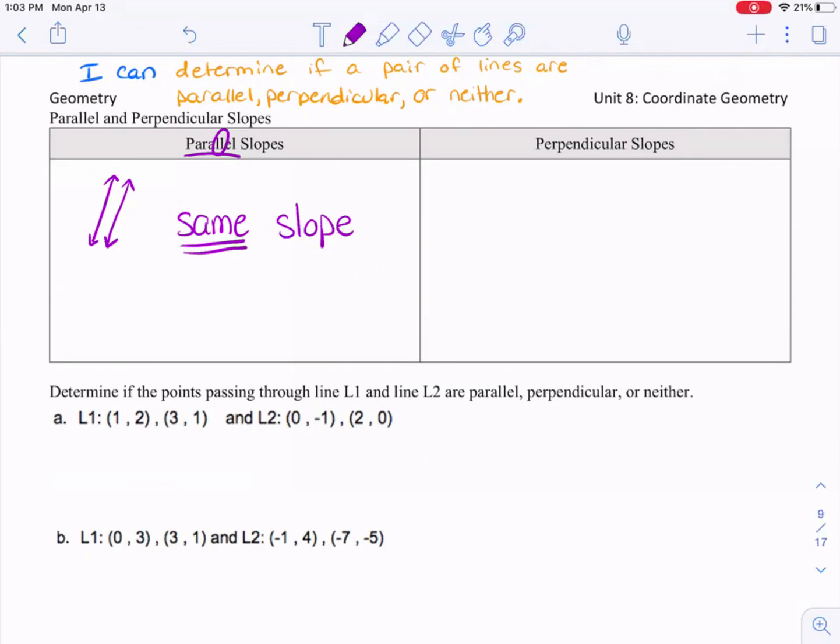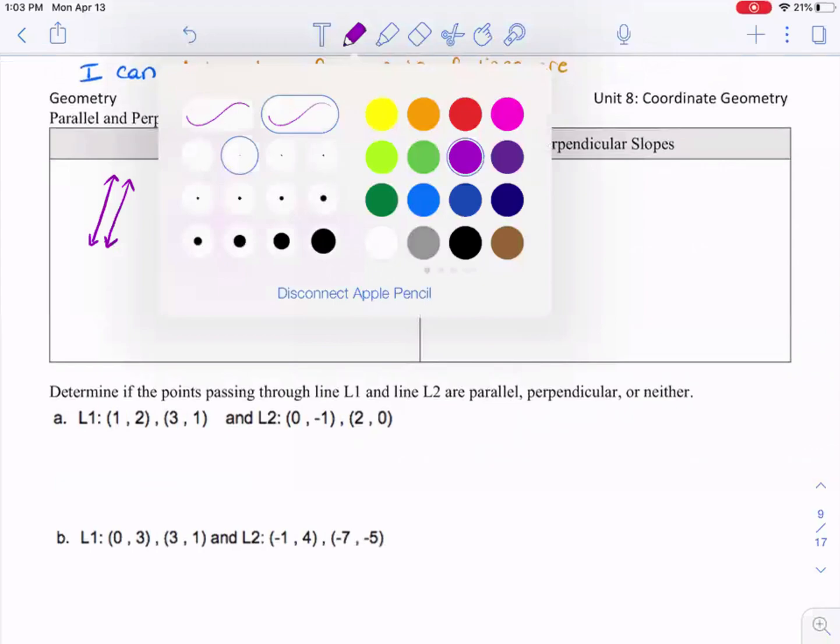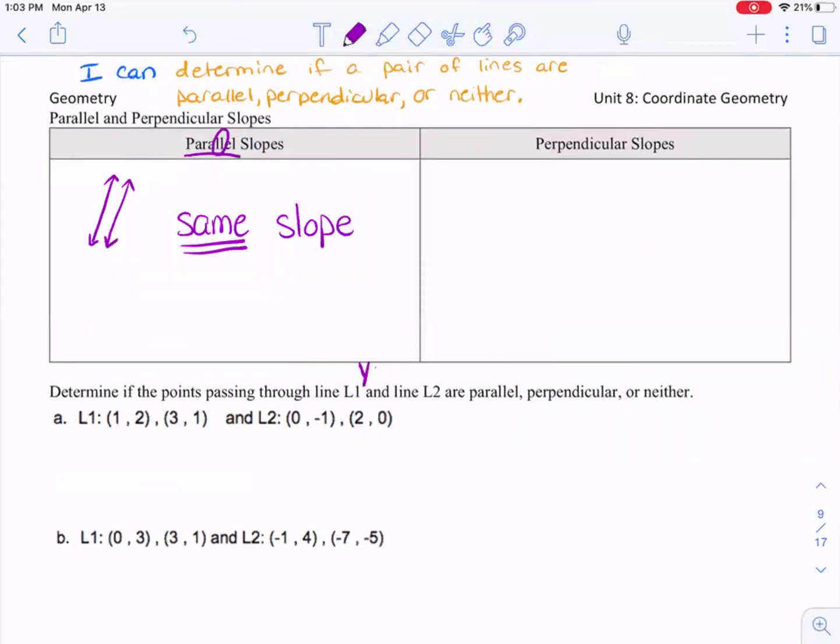Do you recall where to find the slope when you look at the equation of a line? The slope is the number in front of the x. It's that m value. So if you see two lines that have the same m value, then you can tell that those two lines are parallel.